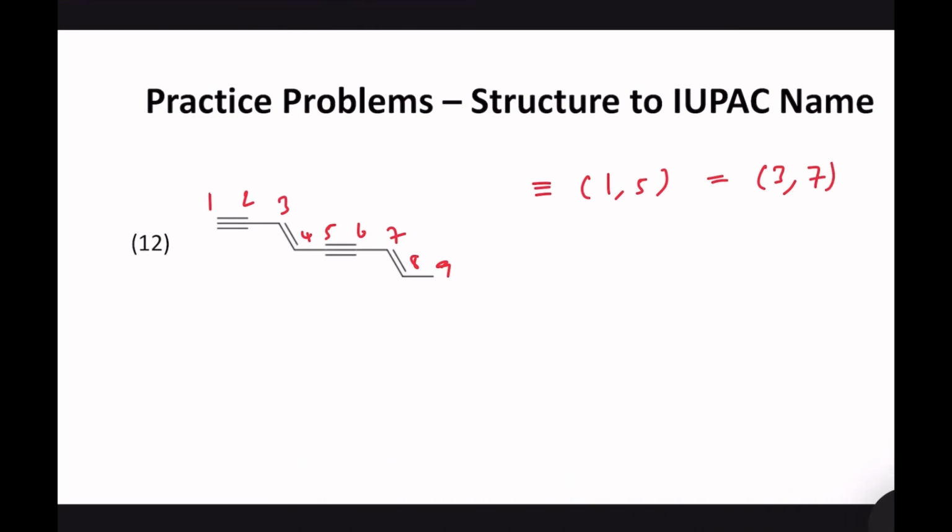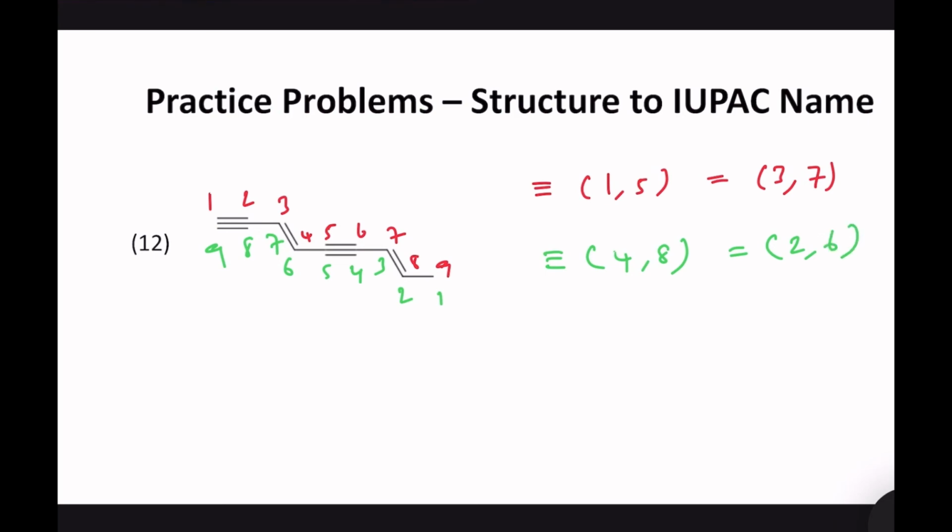On the contrary, if we do the numbering right to left, now the triple bonds are at 4 and 8 positions and the double bonds are at 2 and 6 positions.